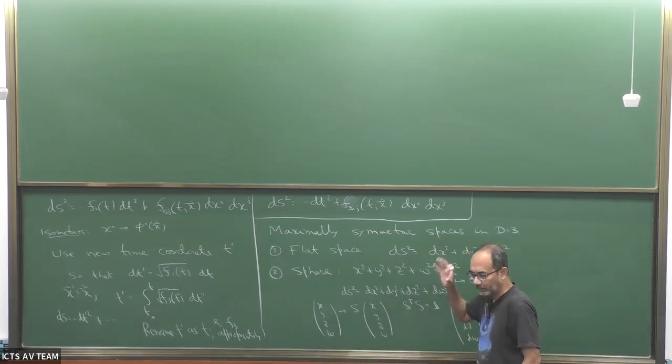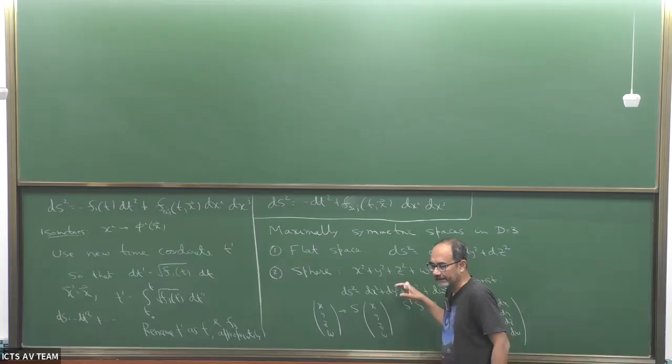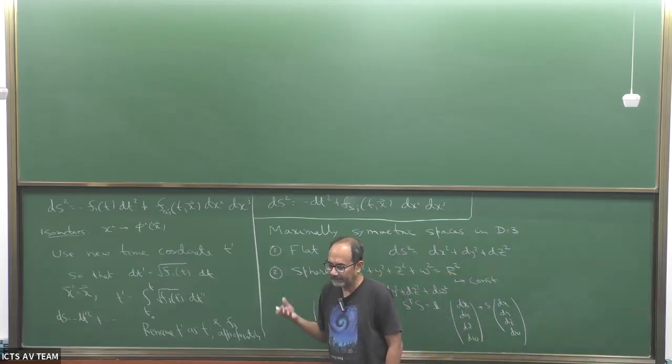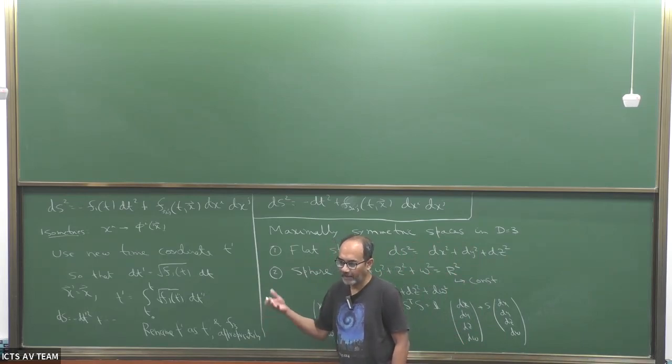It's a fixed rotation in the space. So this is also unchanged. That's why it's easier to see in this language. If we use r theta phi coordinates, it is still true that the metric is unchanged, but you have to do a lot of algebra to check that.